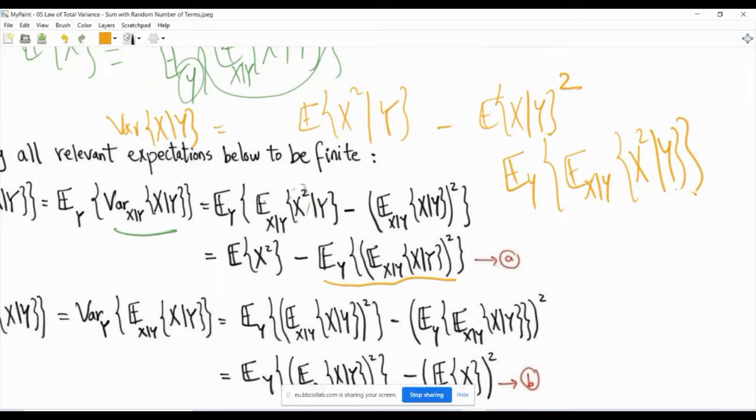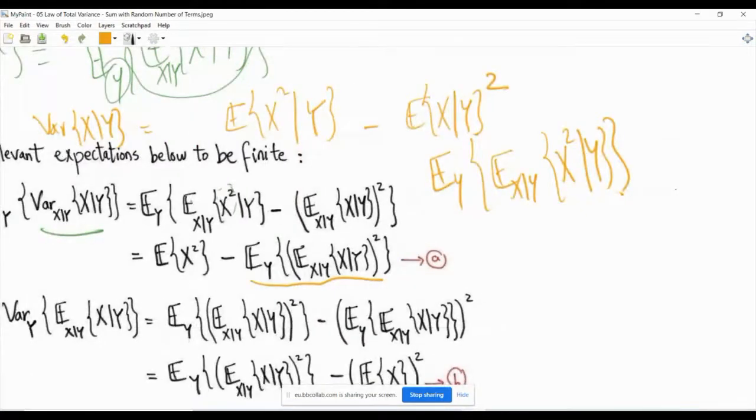You multiply by the PDF of y and integrate. So what is this thing? It is what I have on the previous page. It's not a bad idea actually to imagine that the variables are continuous and see what these things mean. So this here is the integral of x squared f of x given y, dx.